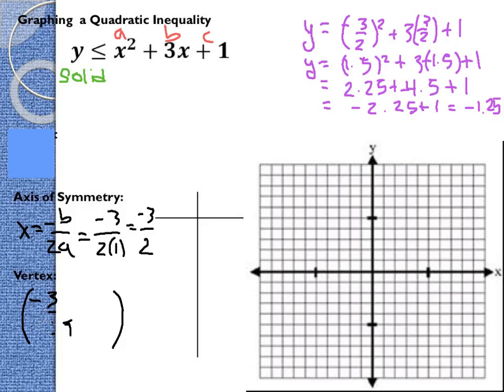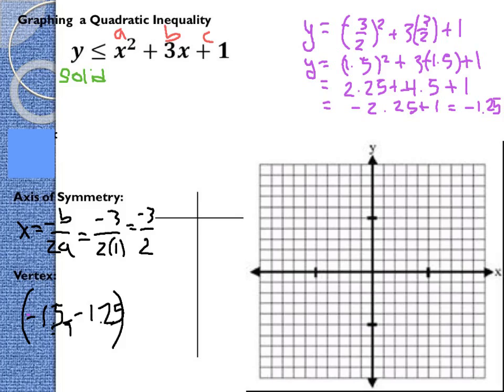I'm going to rewrite this in terms of my decimals. So that gives me negative 1.5 and negative 1.25.